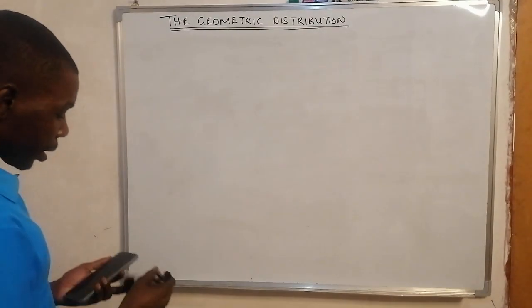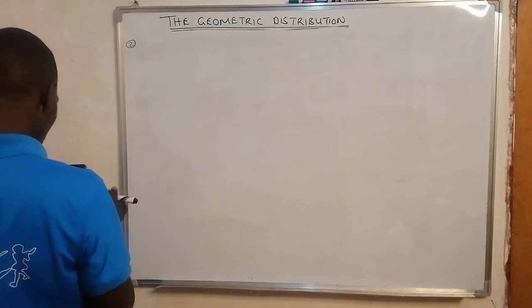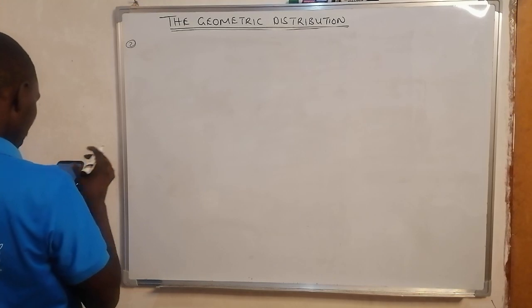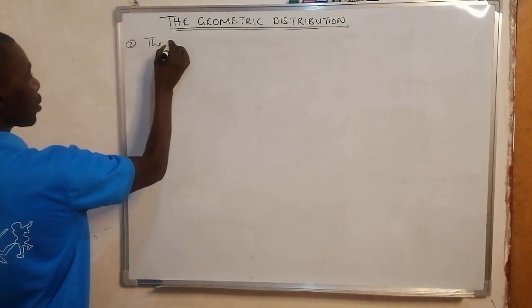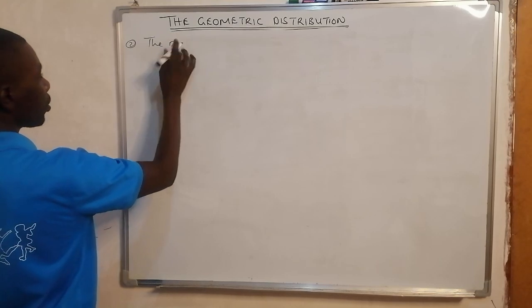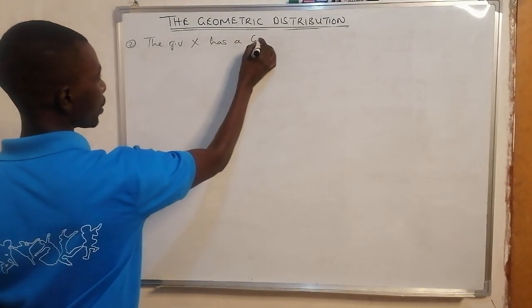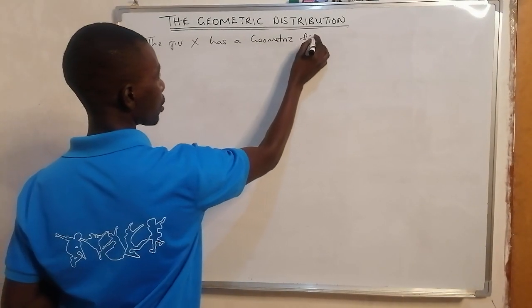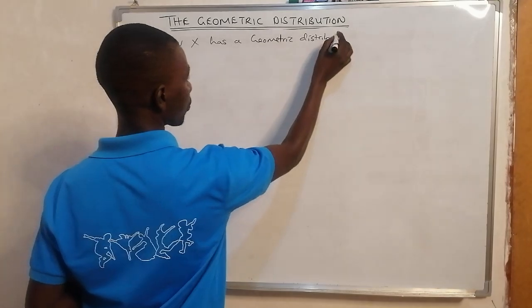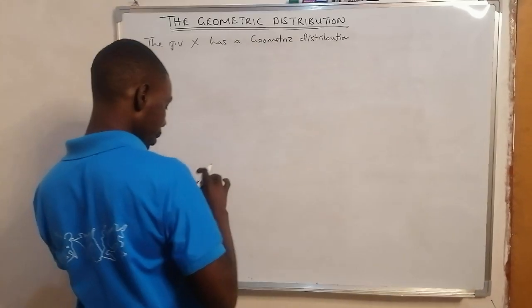Example number 2. The random variable x has a geometric distribution with mean 8.